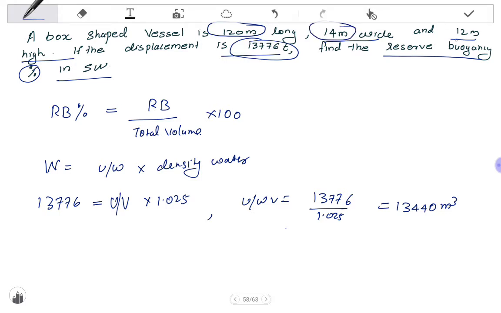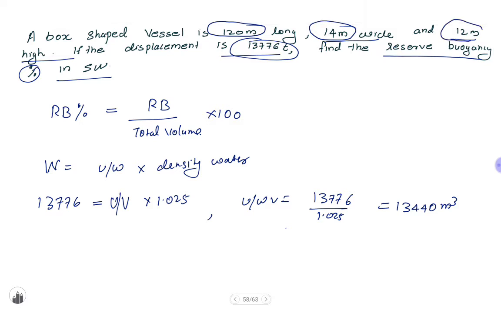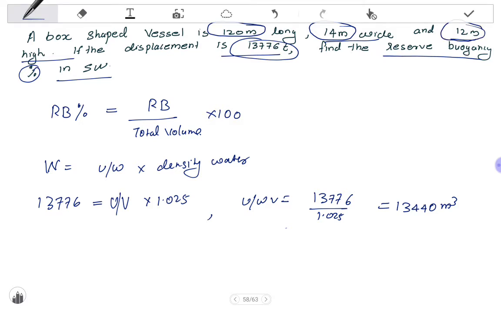In the question it is given that the vessel is 120 meter long, 14 meter wide, and 12 meter in height. If we multiply all these, we get the total volume of the ship.